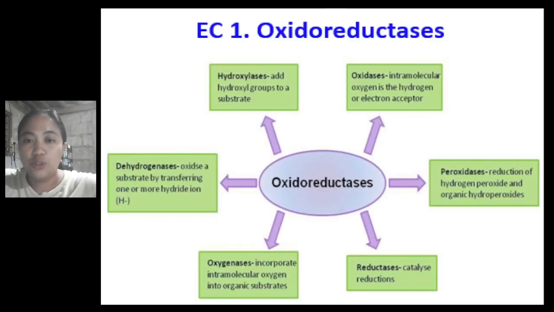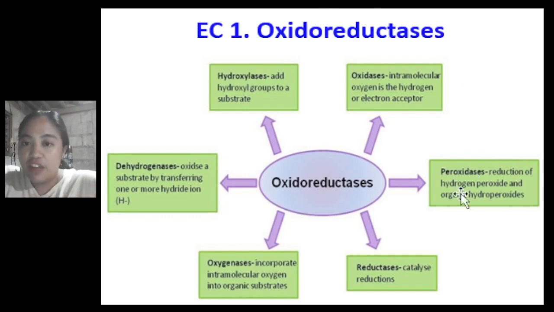So let's go to the first major class of enzyme, the oxidoreductase. So for this oxidoreductase, a clue to look for, to know a reaction is catalyzed by an oxidoreductase, is there is a loss of hydrogen. From the word oxidoreductase, it catalyzes an oxidation and reduction reaction.